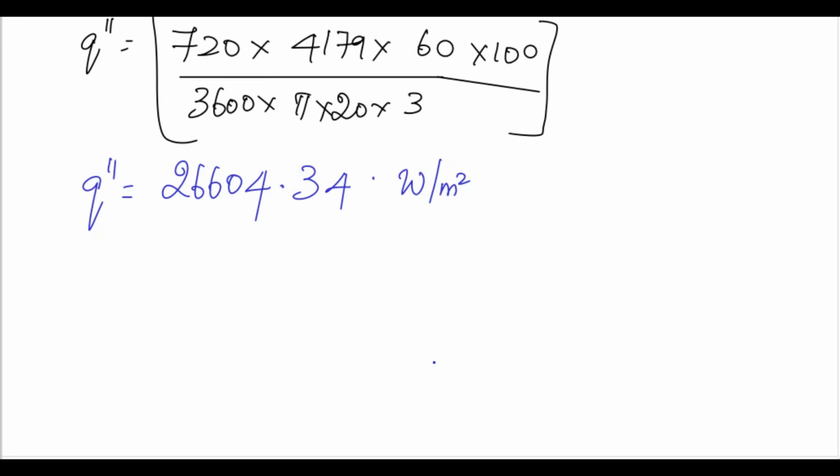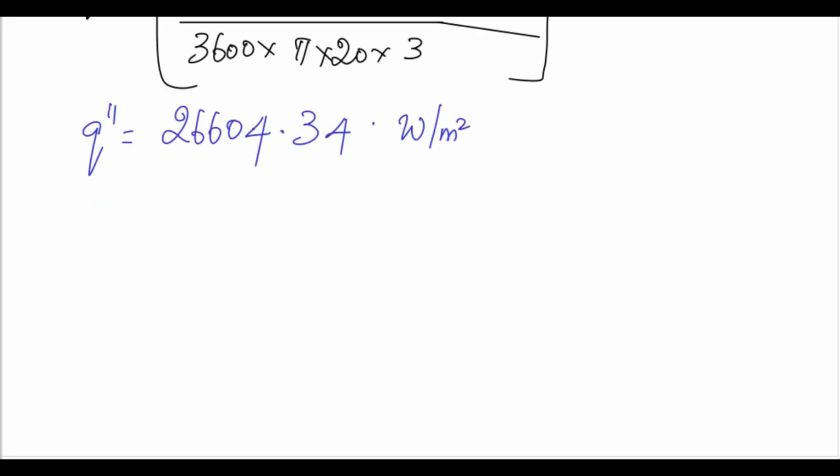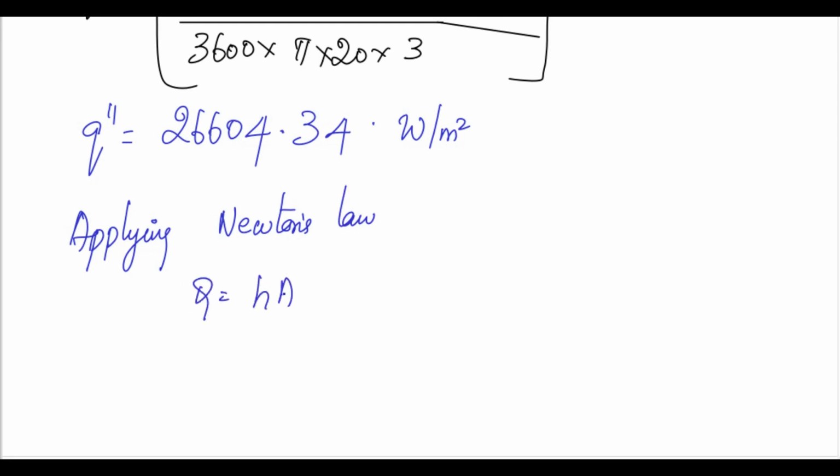Next, we have got this heat flux, so we apply Newton's law of convective heat transfer at the exit. You all know that Q equals h A delta T, or T wall minus T infinity, is Newton's law of cooling.